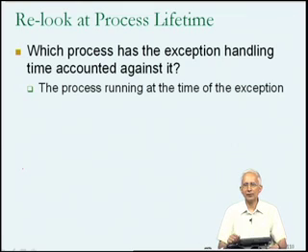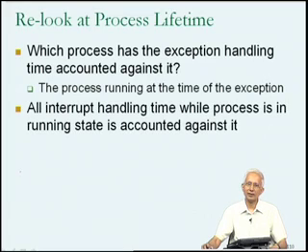Now the answer is that at the instant in time that the exception occurred, one of the processes, let's say P1, would have been the running process. And it is against process P1 that the time for handling the exception is typically accounted. This means that all the interrupt handling time and trap handling time which occurs while a process is in the running state is accounted against it.